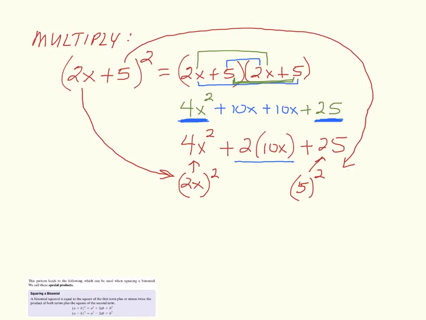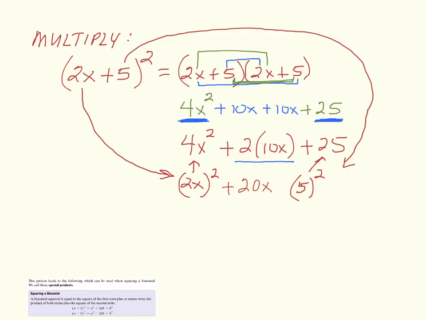And then we take that and multiply it by 2. So 2x times 5 times 2 is 20x, which is what we get when we combine those middle 2 terms. So what's going to happen? Seems like a whole lot of mumbo jumbo now.